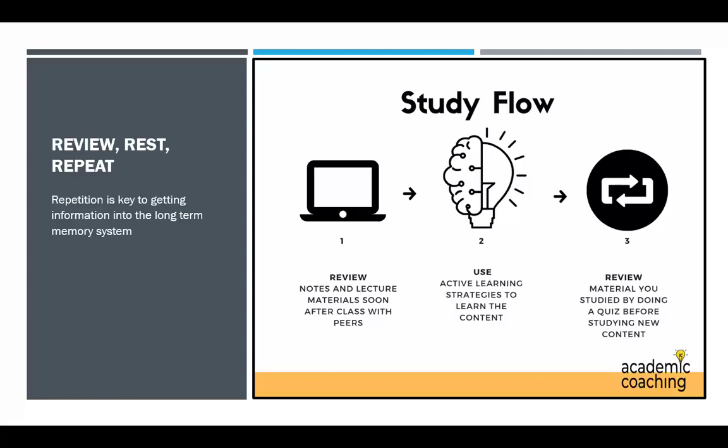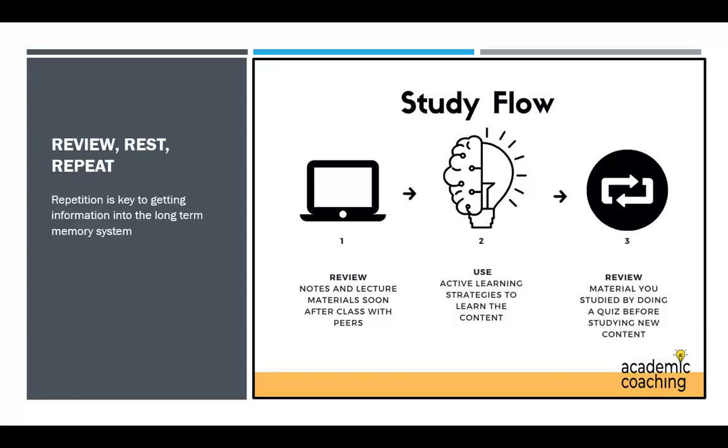Then the last, number 3 on this flow is going to be review. So you're going to essentially test your knowledge. Can you answer a few questions about the concepts? Can you explain it to somebody else in your own words? Can you create a chart or diagram that explains it well, but in a new and different way, right?